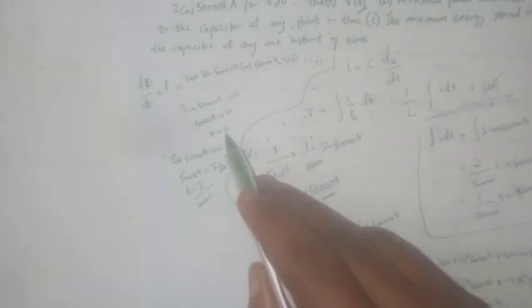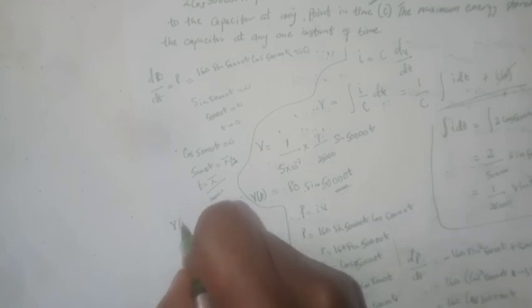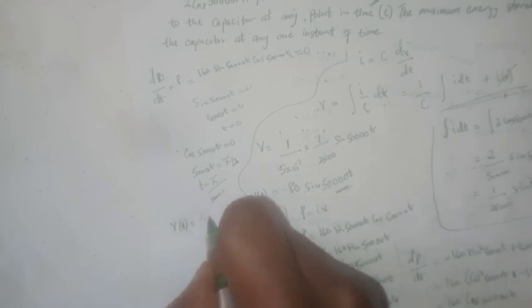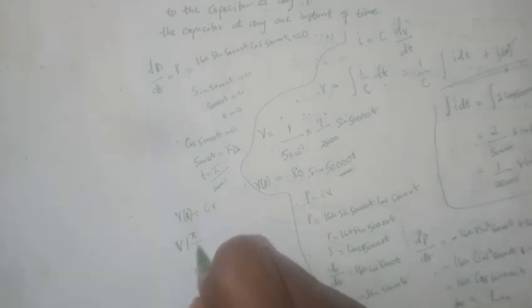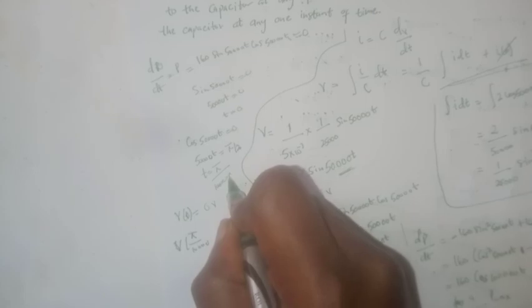If we substitute this value in this function, we get that v(0) equals 0 volts. And if you were to substitute this value in this function with the help of your calculator, you get v of pi over 100,000 equals 80 volts.